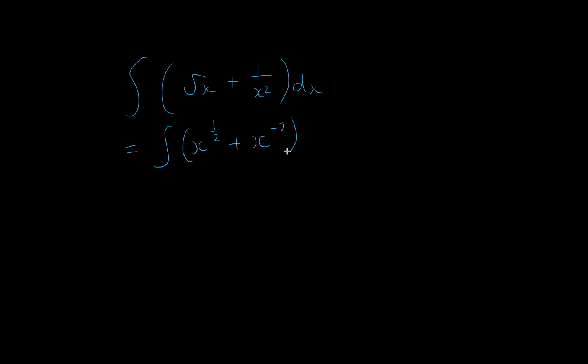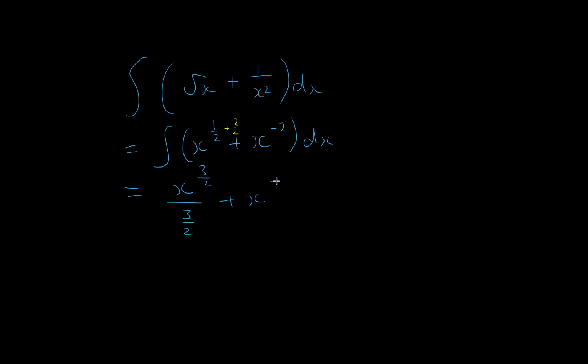So this is going to be x to the power of minus 2 dx. Now we've got multiple terms, and we do the integral of each of the terms separately. So x to the power of a half plus 1 is half plus 2 over 2, which gives you 3 over 2, divided by 3 over 2, or multiplied by 2 over 3.